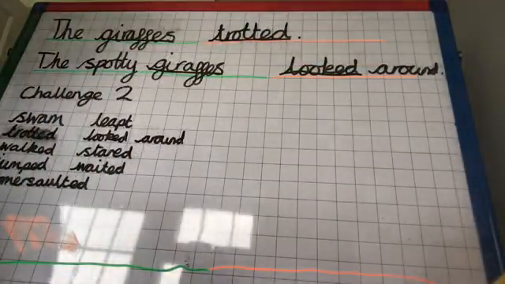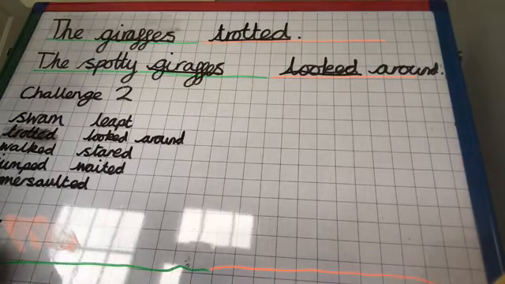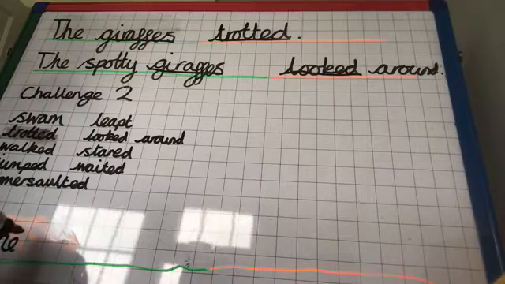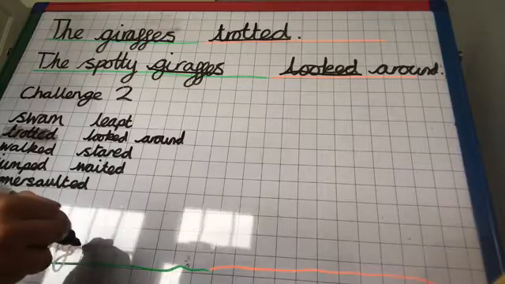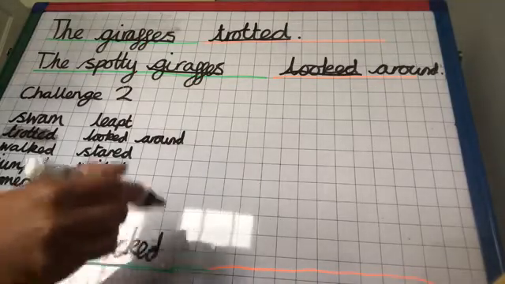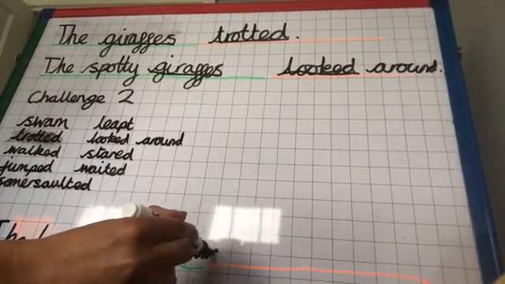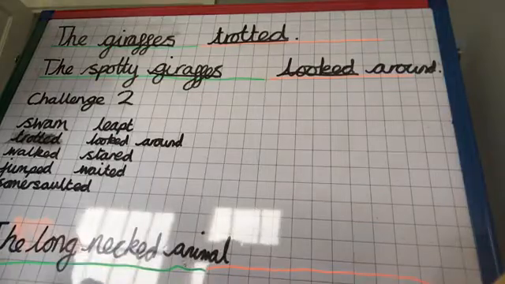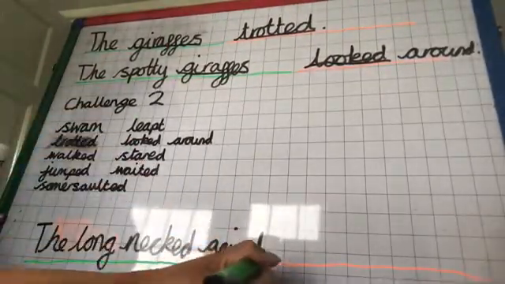I'm not going to write the giraffe this time. I'm going to challenge myself and describe them in a different way. I'm going to put the long-necked creature. Or the long-necked animal. Alright, animal. Oh no, my green one isn't long enough. There we go.